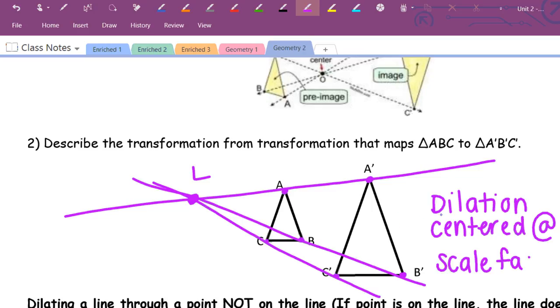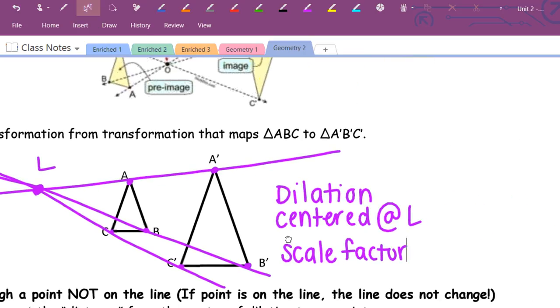Well, we don't have numbers, so who can help us out? There's 3 possible scale factors you could list. What would one of those 3 possible scale factors be? We got one person. Go back and look. We'll just see what we did before. 2 of us. Jackie, what do you say?